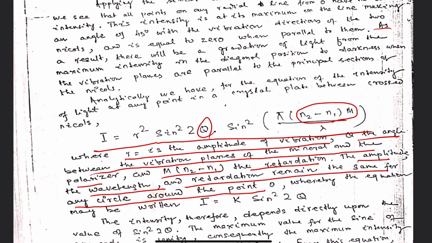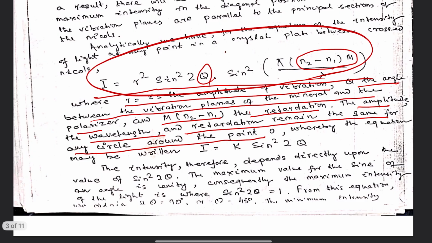So this equation reduces to I equals k sin squared 2 theta.